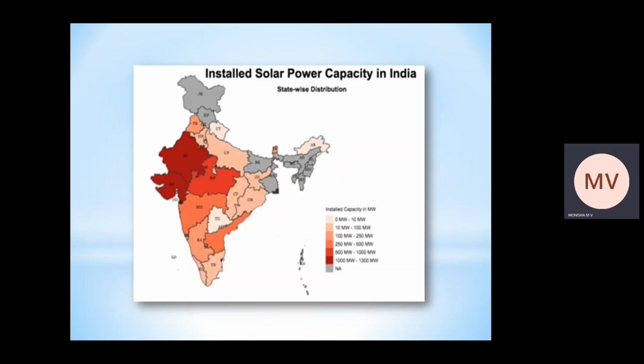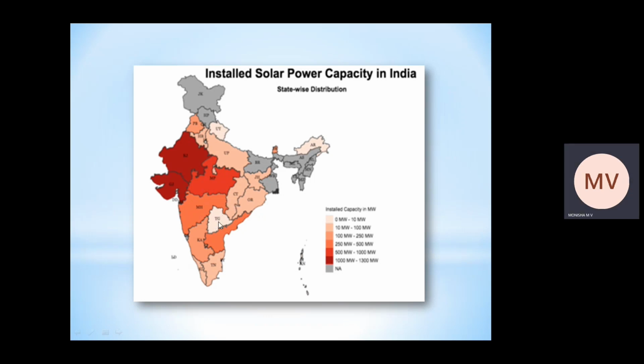In India, Rajasthan and Gujarat receive the maximum direct sunlight and have a lot of solar power installation. This part doesn't contain any solar power installation.